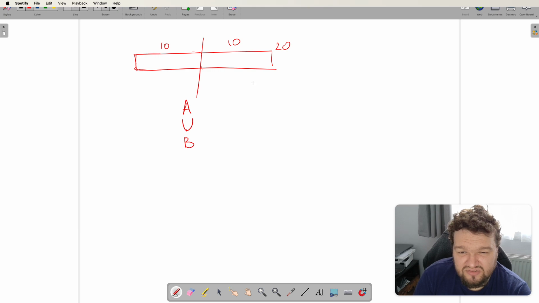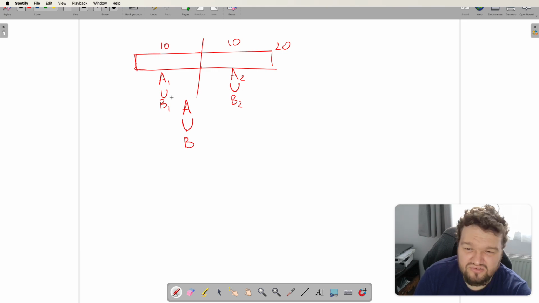So if I split it into 2 halves, then B1 must be a subset of A1 and B2 must be a subset of A2. So when I do the query, I want A1 and A2 to be fixed.